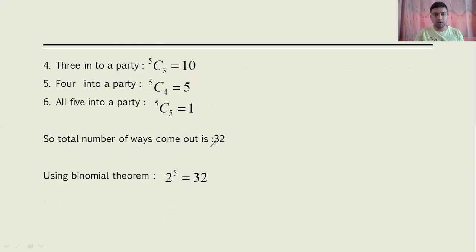So the total number of ways comes out to be 32. Now if you use the binomial theorem, what does it say? 2 to the power n. What is n here? 5. So what is 2 to the power 5?